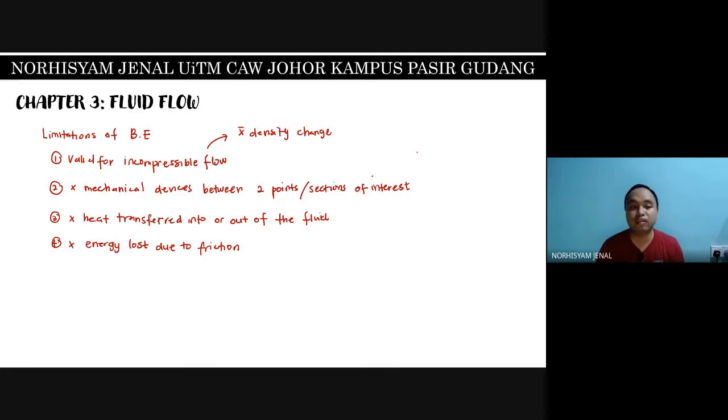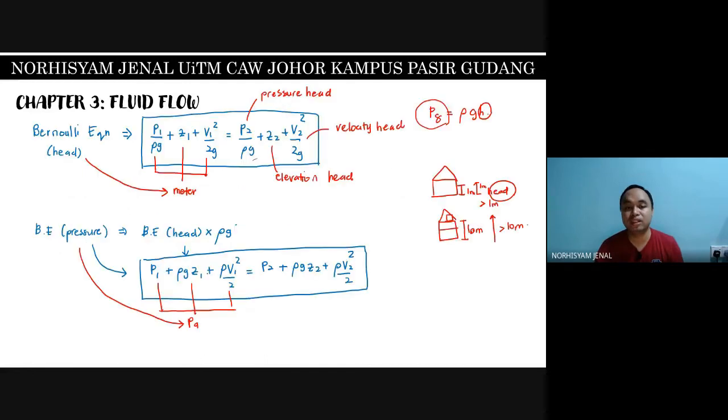What happens if we have losses in friction, addition of mechanical devices? What will happen then is, from the Bernoulli equation, we will add up the losses and calculate the losses inside the energy equation. Based on the Bernoulli equation here, there might be some addition of losses.